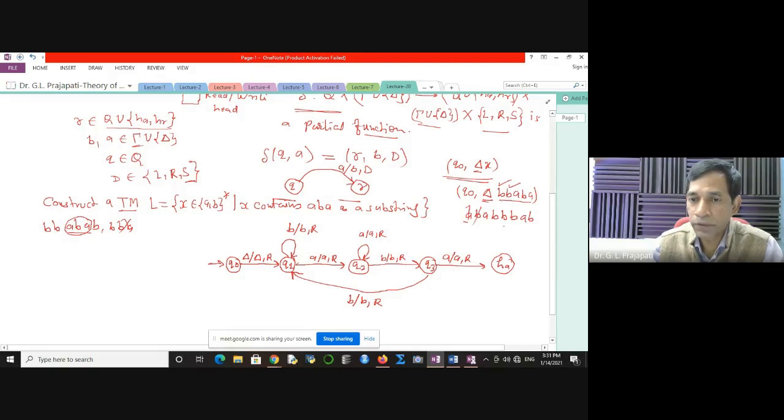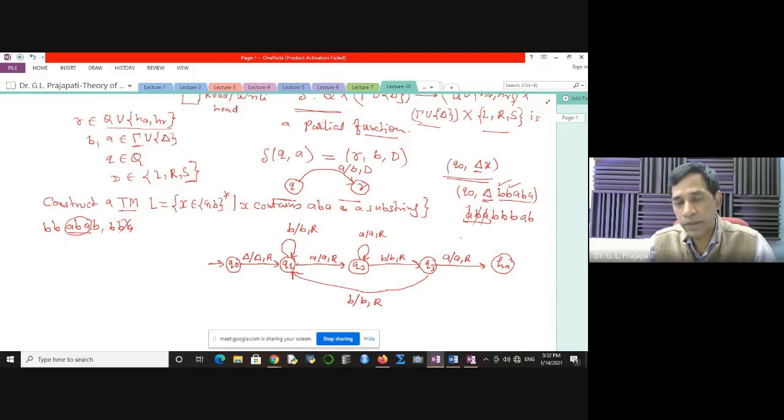Whenever you are at Q3, you have the A, and your machine goes to the halt state. Why does it go to the halt state? Because ABA is matched, and it means this string contains ABA as the substring, and your Turing machine comes to know, decides explicitly, that yes, the given input is in the language, because ABA is the substring.